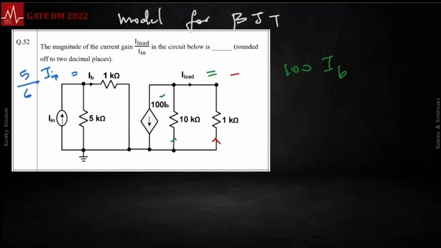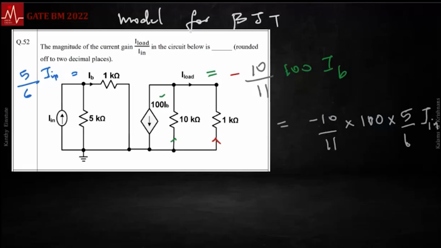What fraction? That fraction happens to be 10 and 1, and more current goes through the 1. So that is minus 10 by 11 into 100 IB, and IB happens to be 5 by 6 into I.